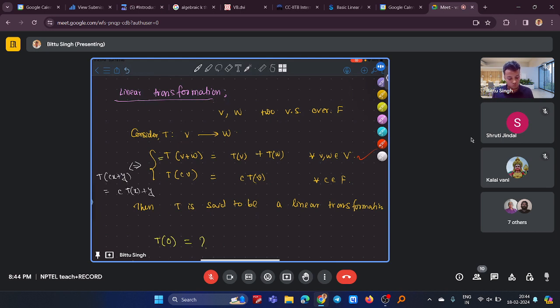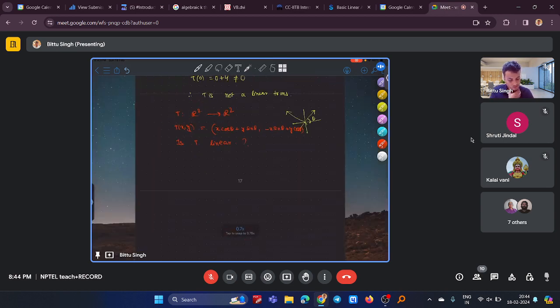We can put those two different relations in a single relation. We need to check this single relation: T of some linear combination will be the same as the linear combination after applying T. So let us check this.